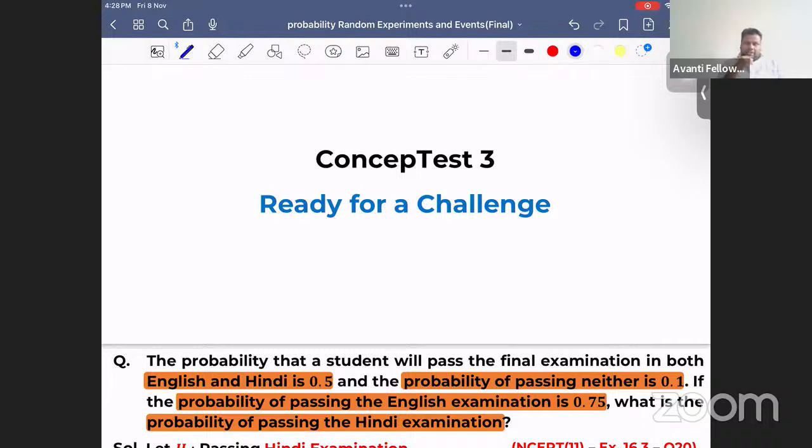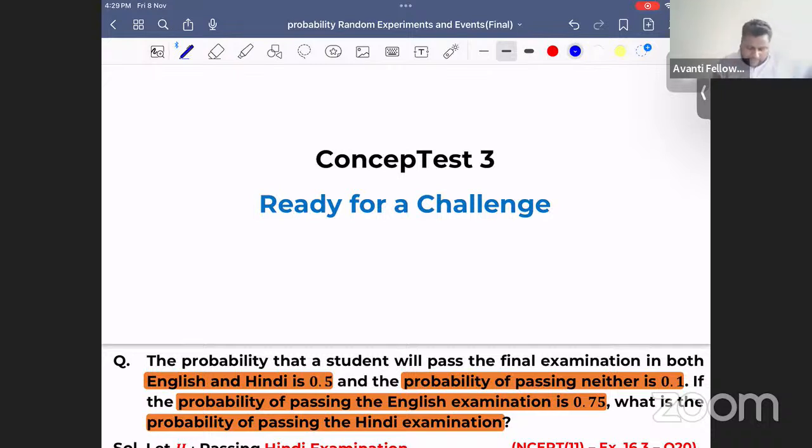Yes, quickly, anybody? Sivamani? 0.71, Rohit is saying. Chalo.